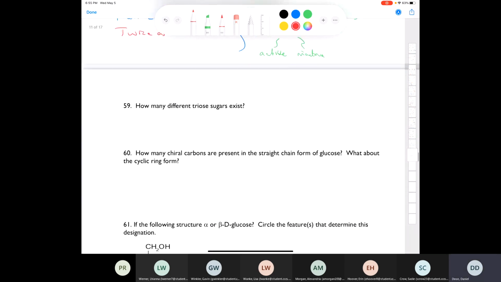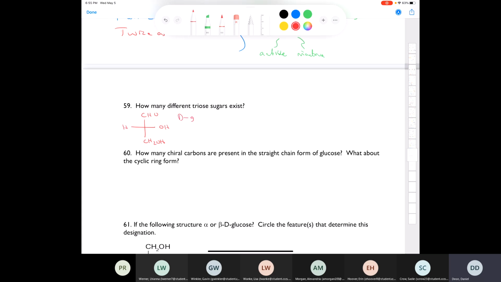Number 59, I wouldn't expect you to have this one memorized and be able to just spit it back out at me. It just says, how many different triose sugars are there? I'll just go over them with you. Everybody should know what glyceraldehyde is. So glyceraldehyde is this molecule here. We looked at it Avogadro's number of times.